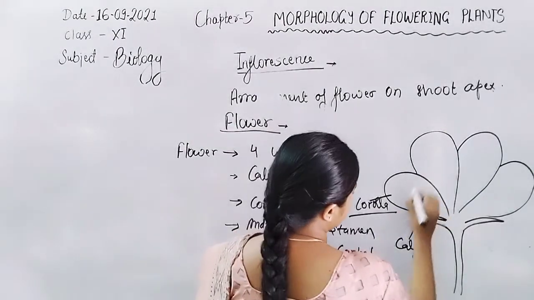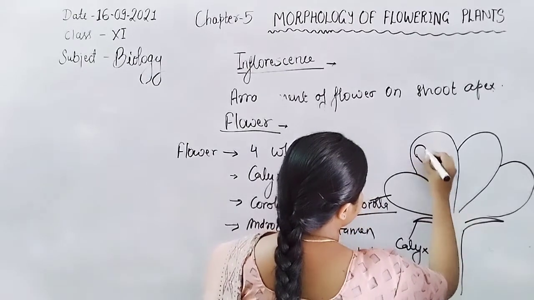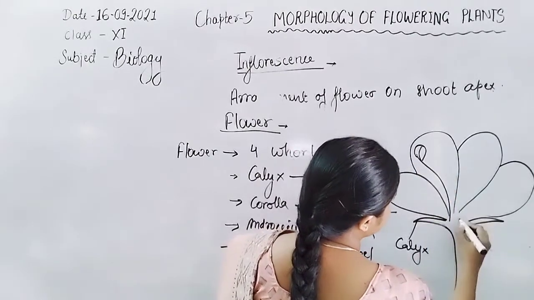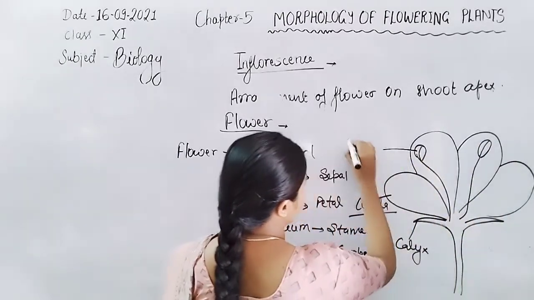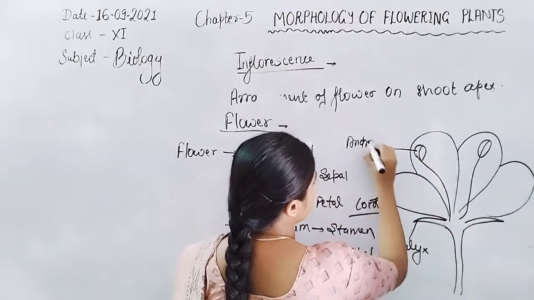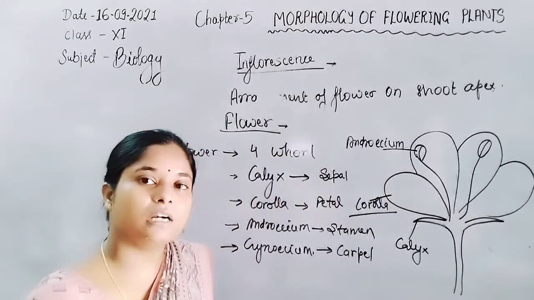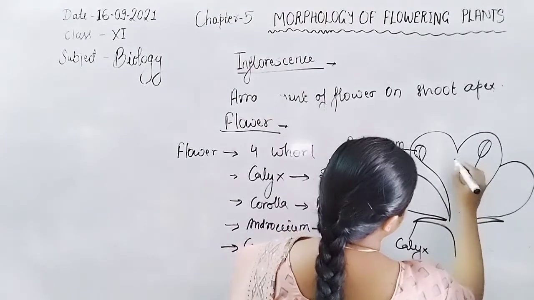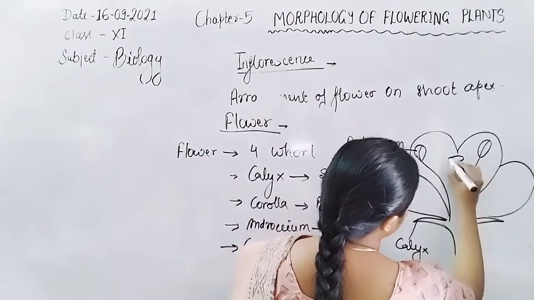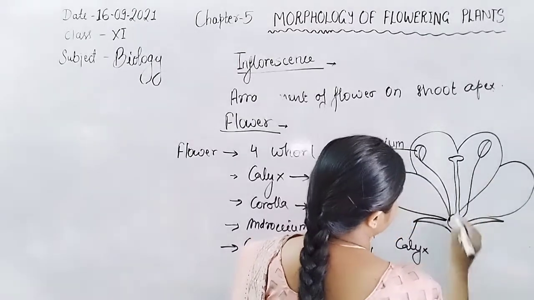Then the third whorl is simply androecium, and the final, or fourth, whorl is gynoecium.